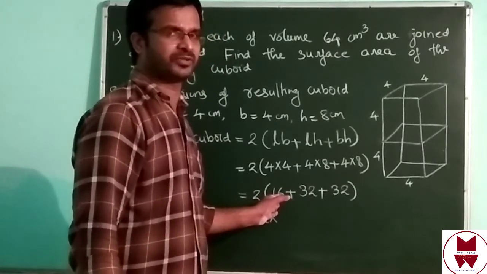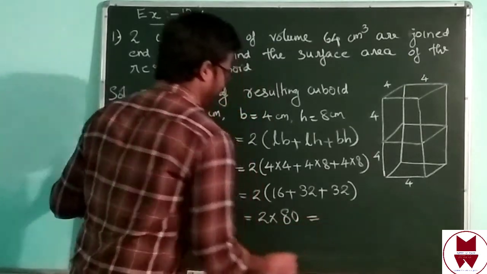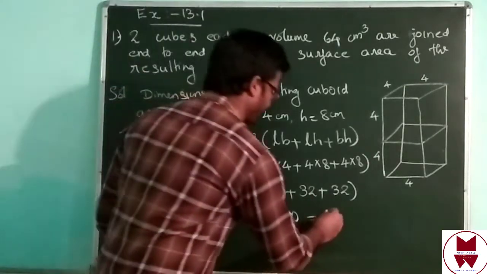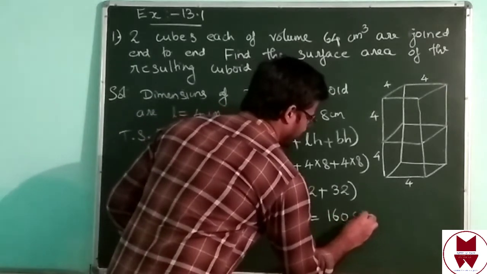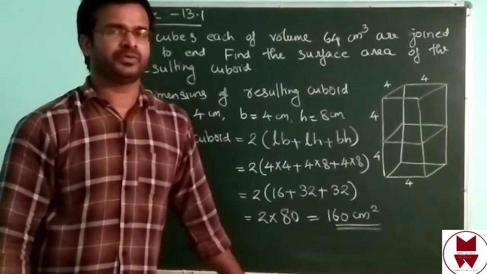How much? 80. Then 2 into 80 is 160 centimeter square. This is our surface area of the resulting cuboid.